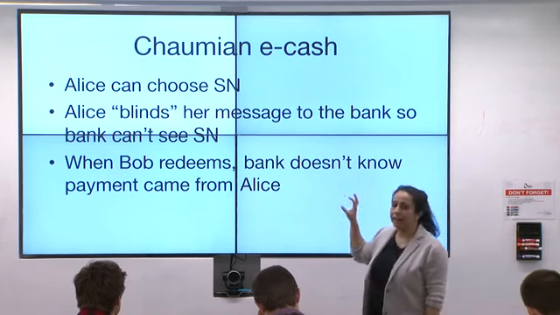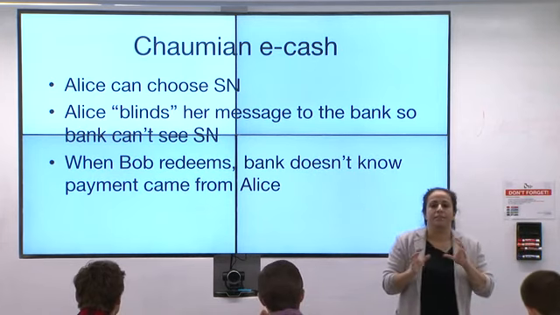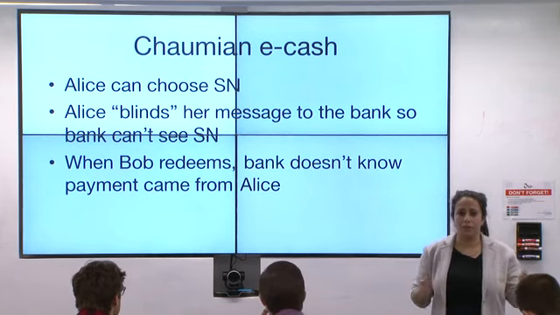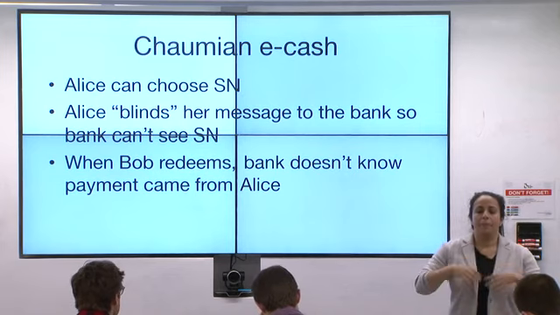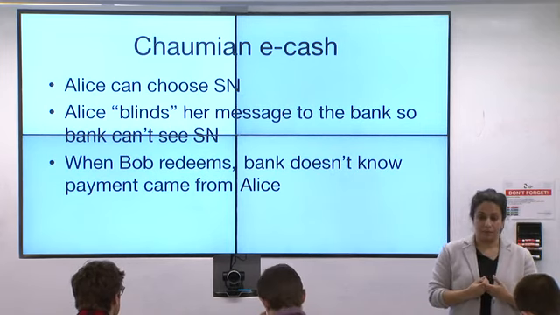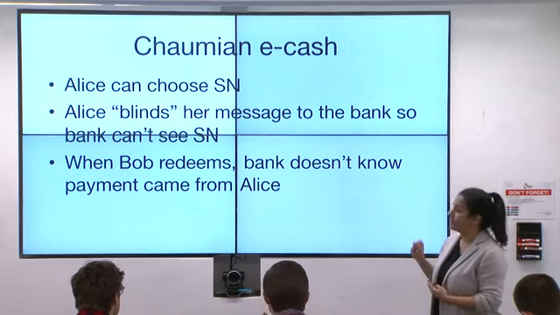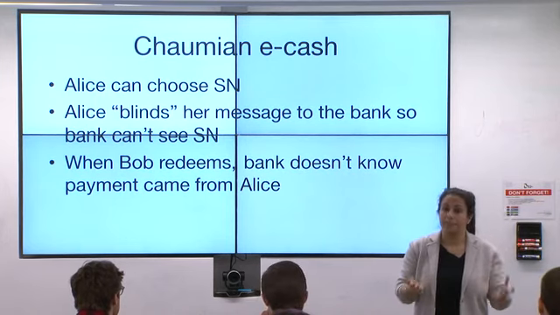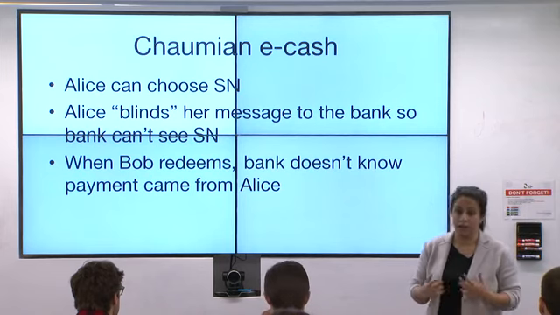So when the bank verifies that this secret number is a real secret number and it's really a coin and Alice gave the bank $1 or something like that, the bank does so on the blinded secret number. And Alice actually has the ability to remove that randomness or that blinding later and end up with a valid signature on a secret number.